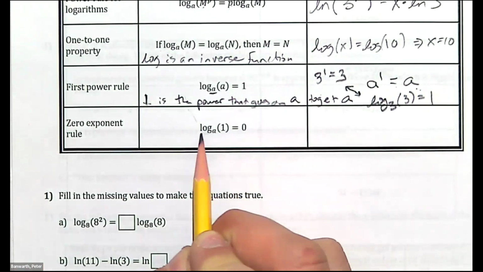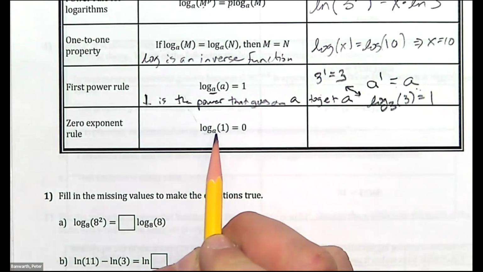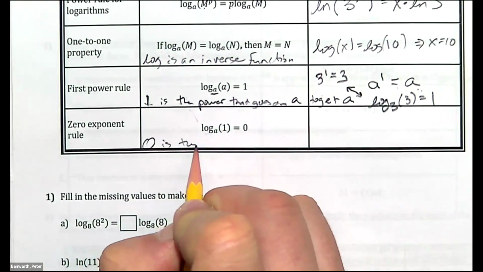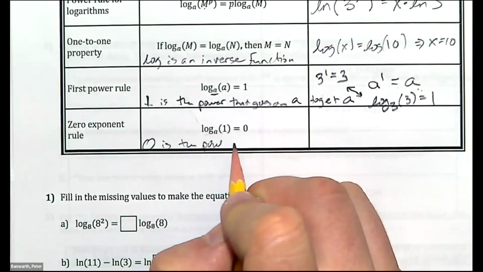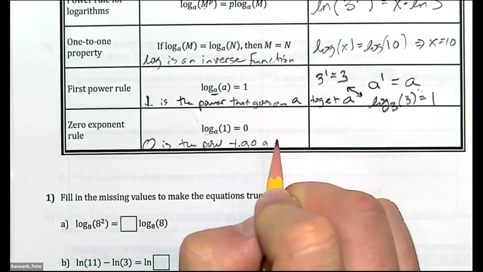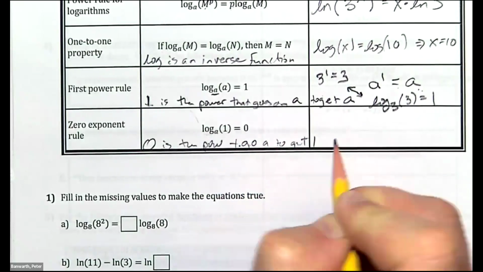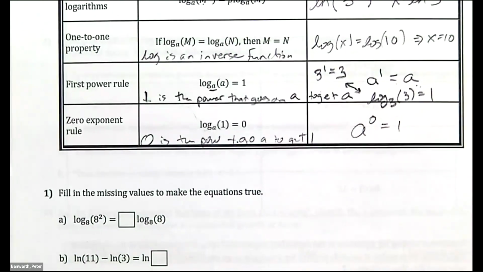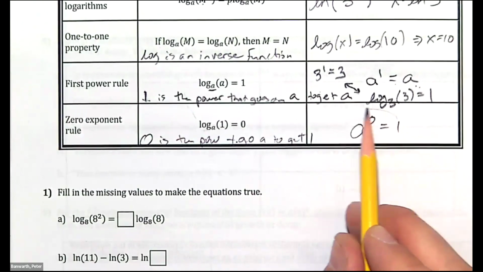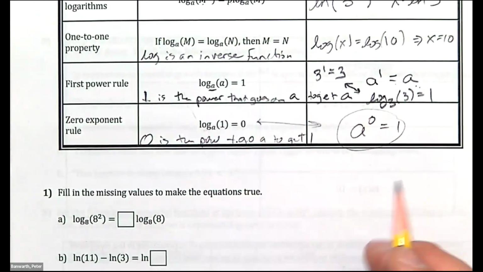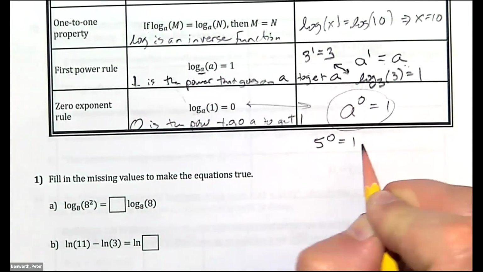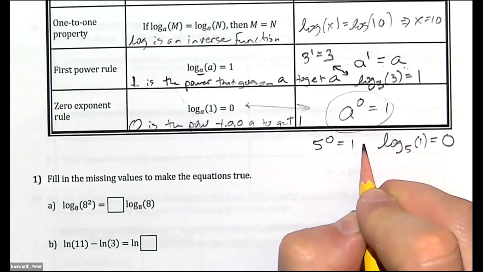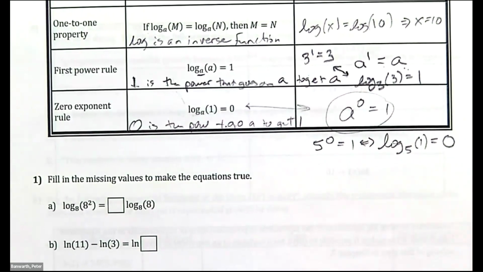Which one of these do we write down first? The 0, the 1, or the A? 0 is the power that goes on A to get 1. A to the 0 equals 1. Do you agree with that? Any number to the 0. So this statement is exactly the same as that statement. So I could say 5 to the 0 equals 1, or log base 5 of 1 equals 0. Those are equivalent statements.